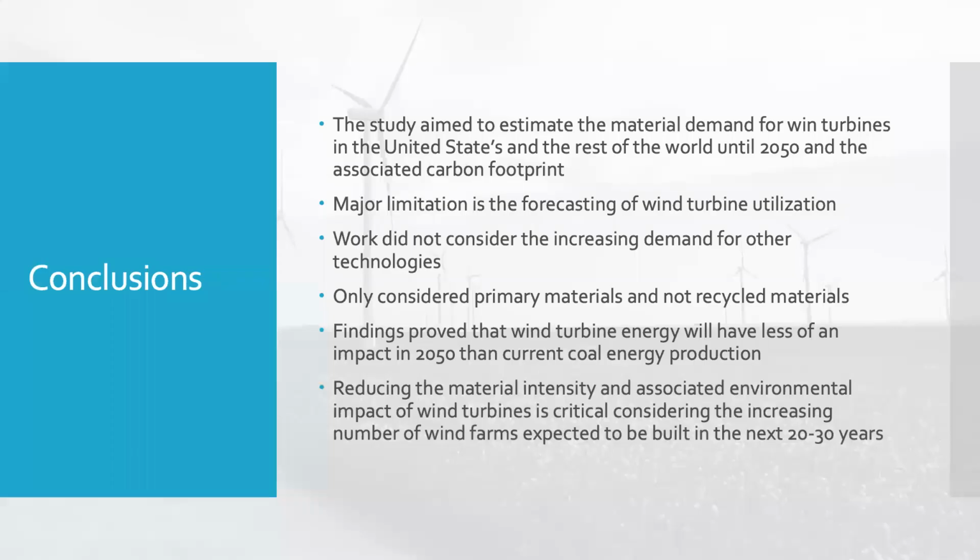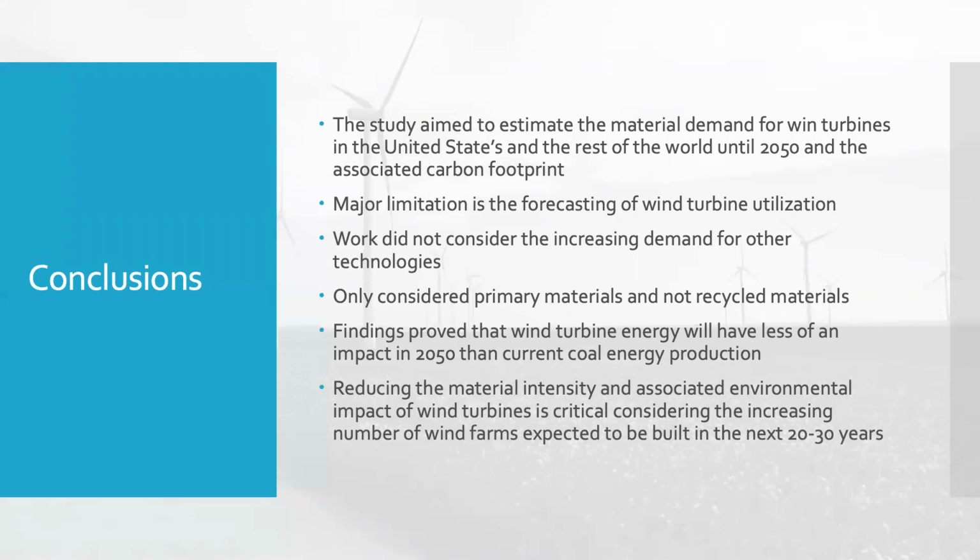And so just a little bit of conclusions. This study aimed to estimate the material demand for wind turbines in the United States and the rest of the world until 2050 and the associated carbon footprint. A major limitation is the forecasting of the wind turbine utilization.